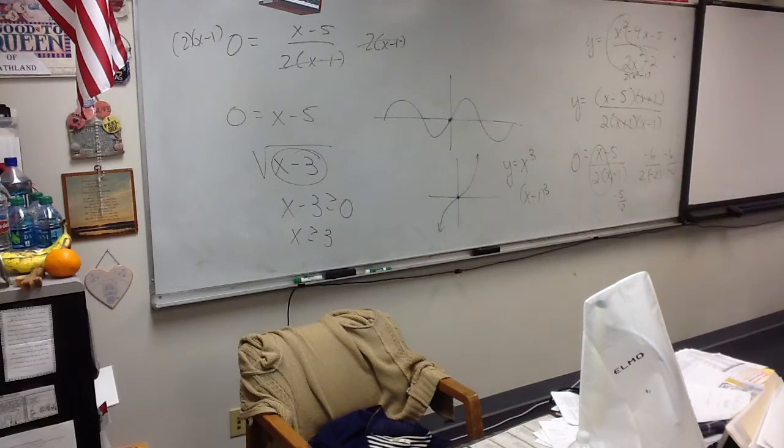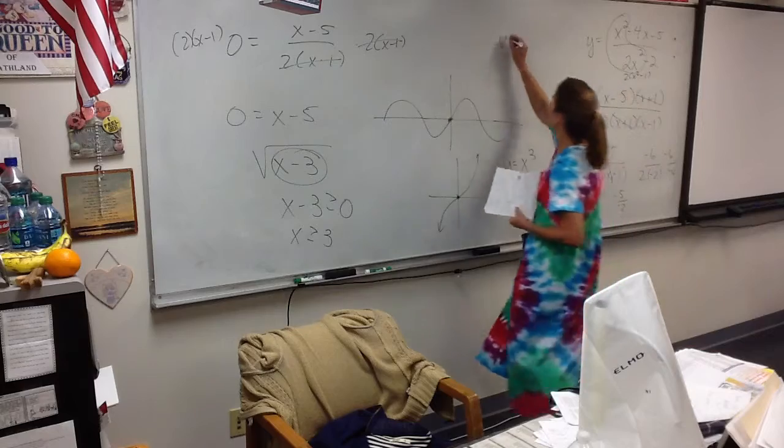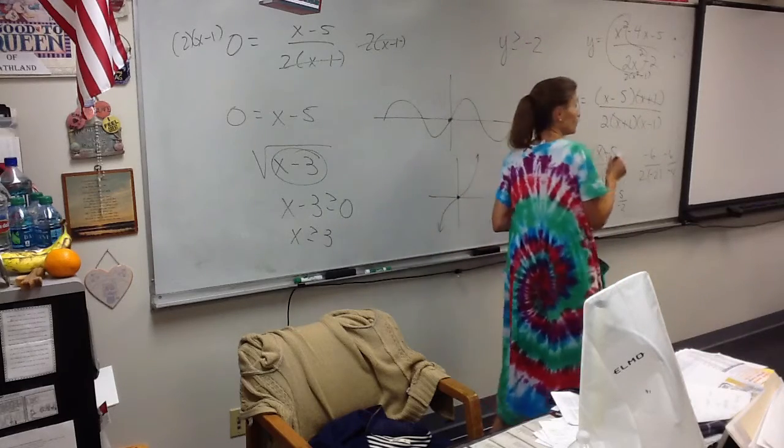Number 7. Okay, so I do this weird shape. What is the domain? All real numbers. It goes forever and ever, all real numbers. What is our range? y is greater than or equal to -2.